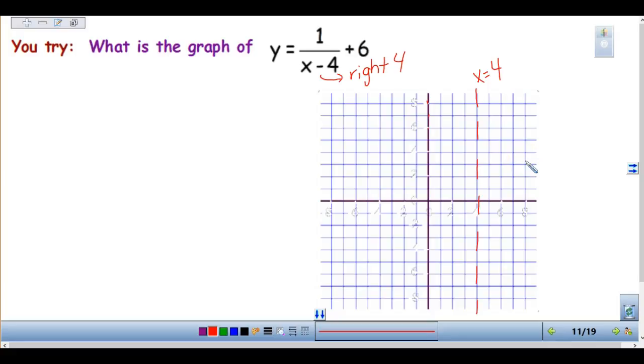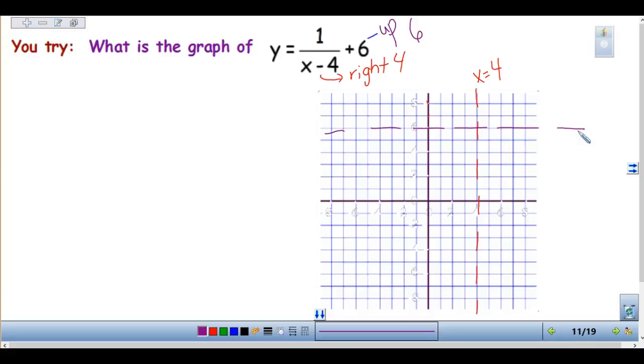Okay. Now, if you look this way, your horizontal line can move which way? Up and down. Do you agree? Because if I move it side to side, it gets longer, right? So here you're moving this up or down. So that was this one, and this one is up 6. So now I'm going to move this up 6. So now my asymptote is up here. So it will now be able to cross the x and y axis.